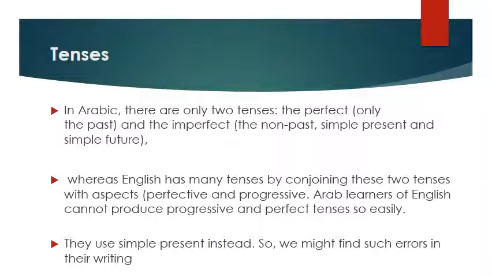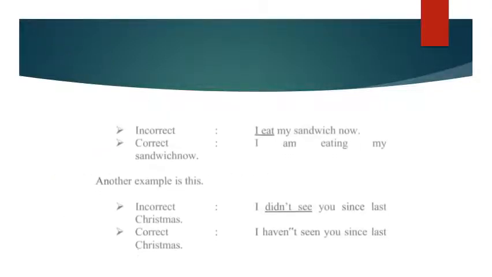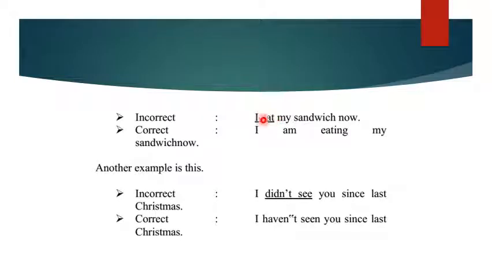As we said, أنا أذاكر. So we might find such errors in their writing or in their speaking, like "I eat my sandwich now," which is equivalent to أنا آكل الشطيرة الآن, in Arabic of course. "I'm eating my sandwich" is the correct form.